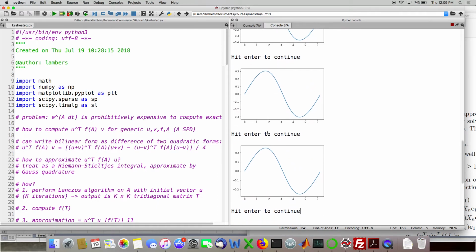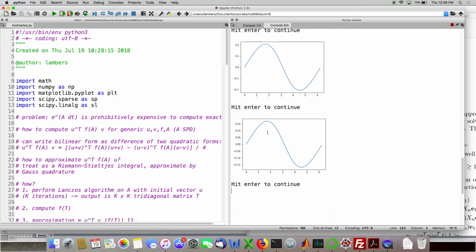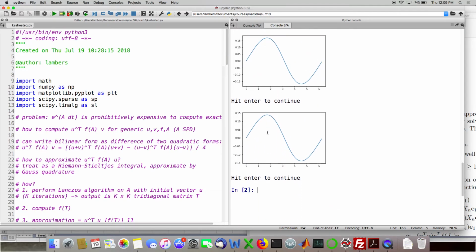Slowly but surely. Okay. So if I maintain the same axis limits on all of these, then you'd really see that.